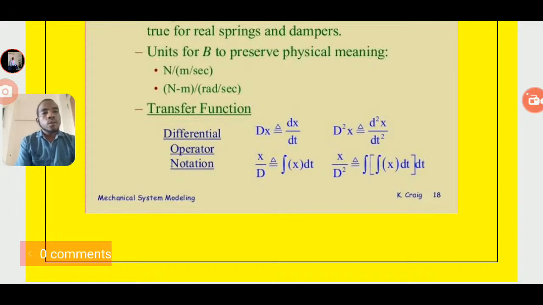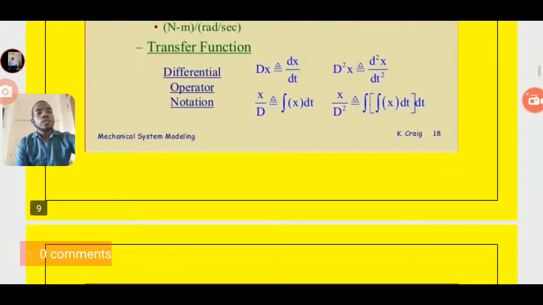D x is equal to dx by dt, x by D is equal to the integration of x dt, D squared x is equal to d squared x over dt squared, and x by D squared is equal to the double integration of x dt dt. Like this we can calculate the transfer function.